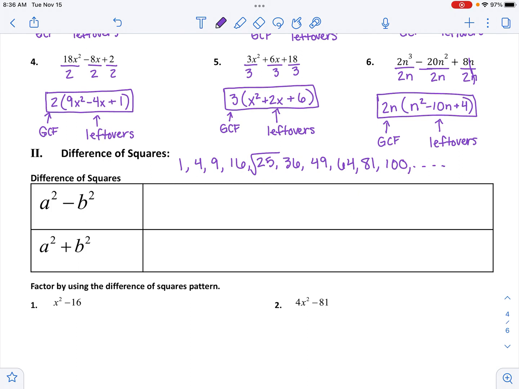We'll look at some examples so that'll make some more sense. But the way we do this is once we find a and b, once we square root each term, we are going to have 2 sets of parentheses. One set will be a plus b, and one will be a minus b. Okay, so off to the side here, let's write square root each term.